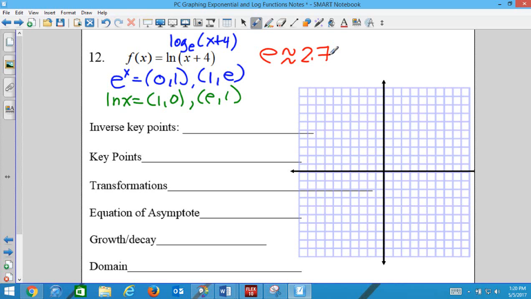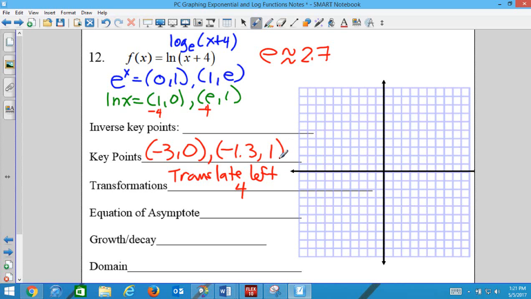Do we have a transformation? Translate. Left 4. So that means I subtract 4 from my x's. And we get key points at negative 3, 0 and negative 1.31. What about my asymptote? So we got x equals negative 4.